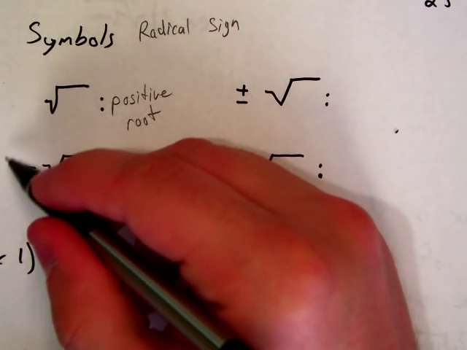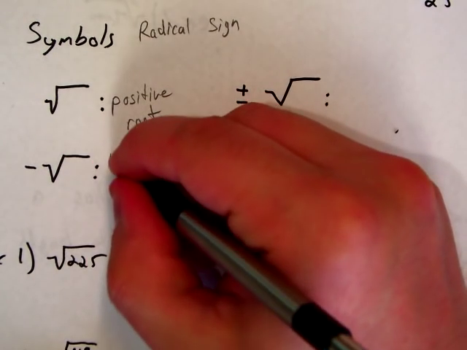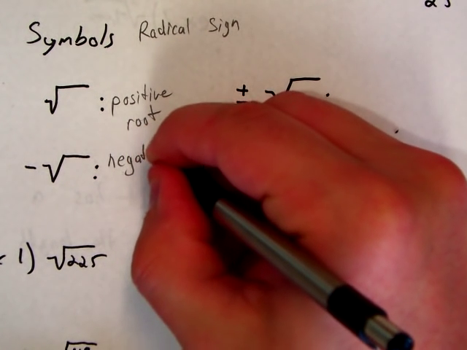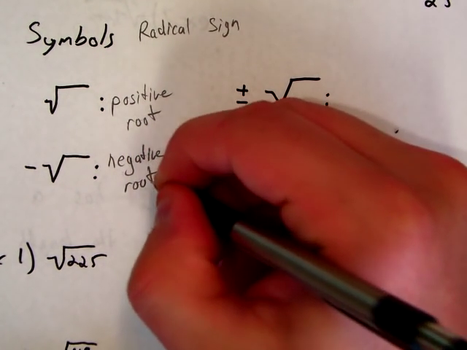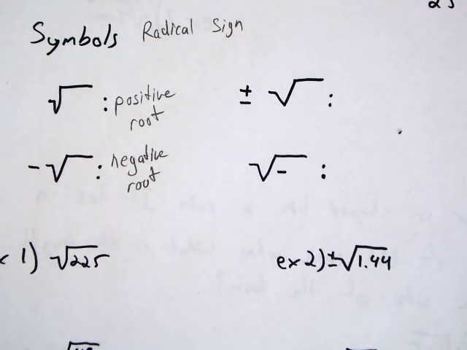If we have a radical sign with a negative out front, this would be a negative root. Because negative 5 times negative 5 is also a positive 25.